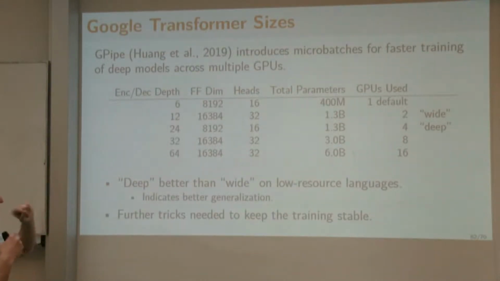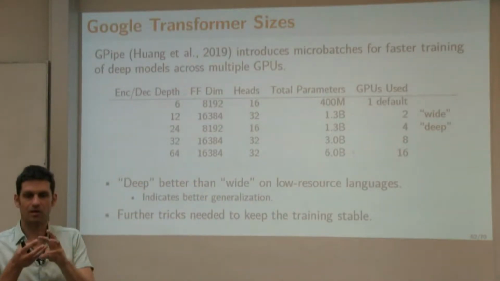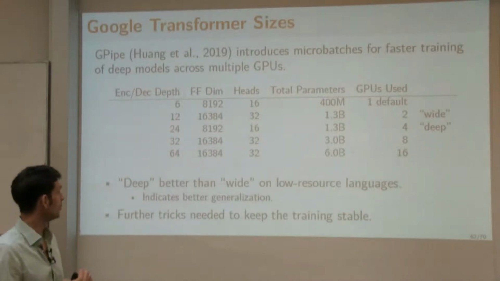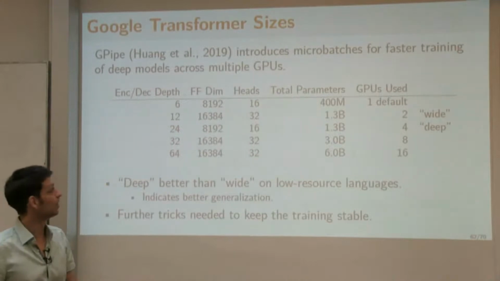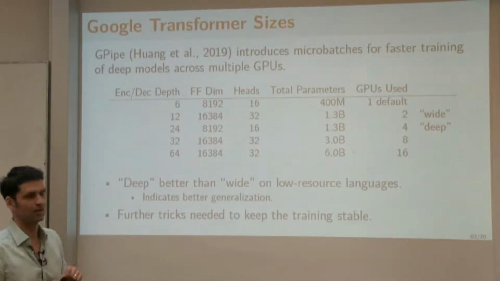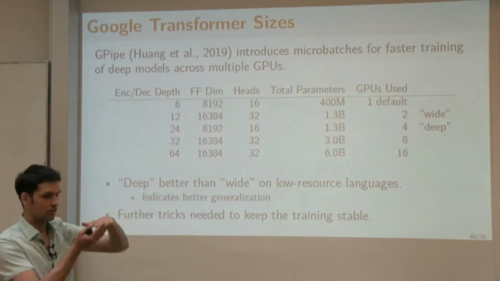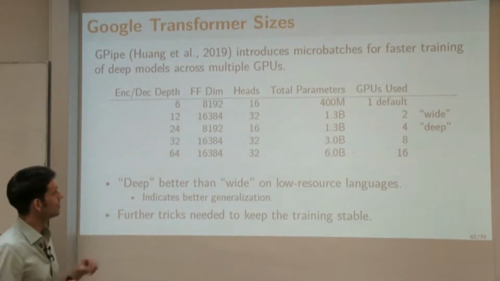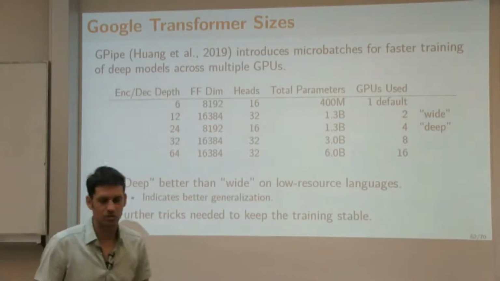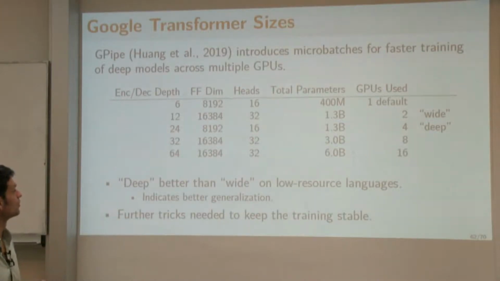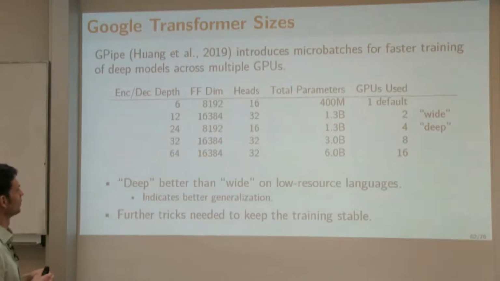Then you can use the same number of parameters, 1.3 billion, but organize them differently in the network structure. The network can have the default breadth of the feed-forward network, and the default number of heads, 16 heads, but you can use double the number of layers. So that is a deep network. And to train this, you actually need to use 4 GPUs because of the different layout of the network structure.